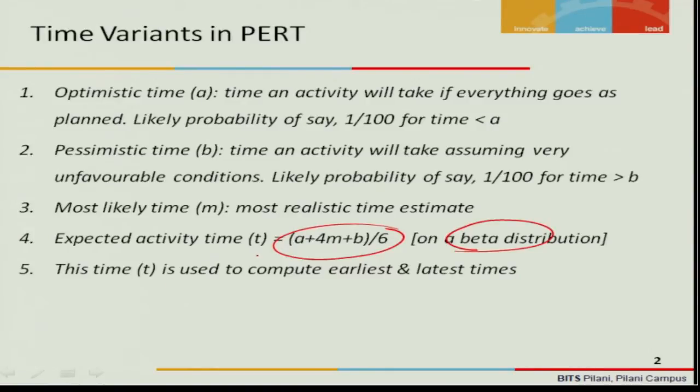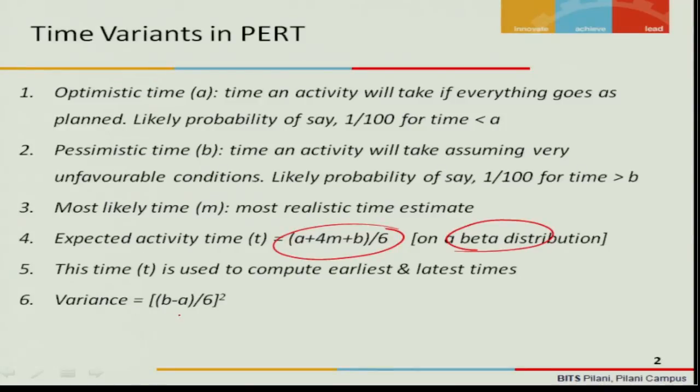This time T, the expected activity time, will be used to compute the early start, early finish, late start, late finish, etc., the way we did for the critical path method, and the rest of the process is the same. We can compute the variance in PERT using this formula: the pessimistic time less the optimistic time, divided by 6, whole square, because we assume that this follows a normal distribution.